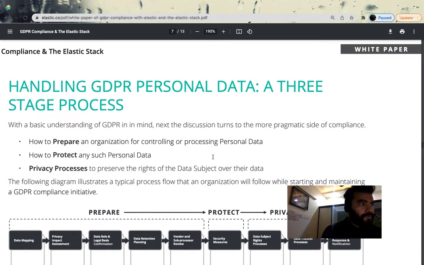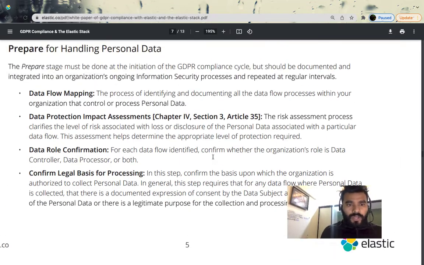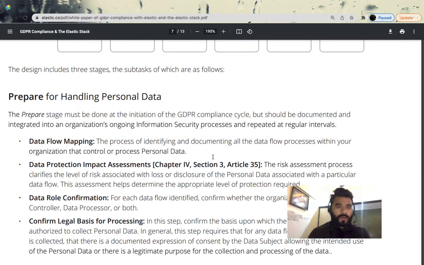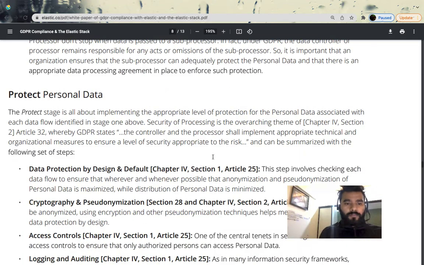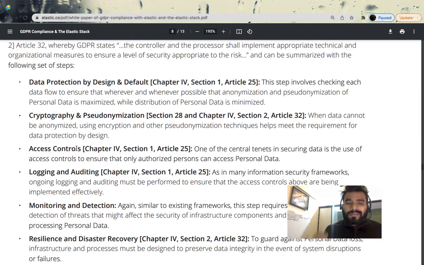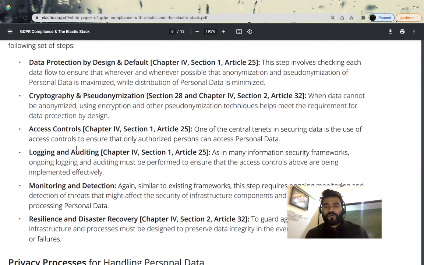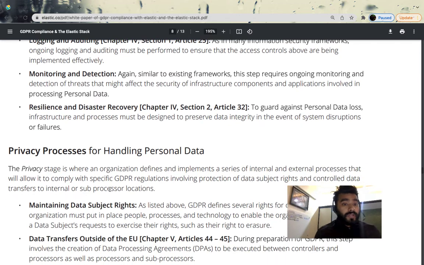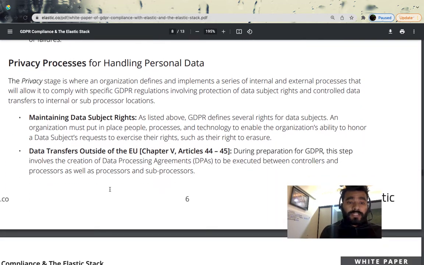All right, so how should companies protect our data? They should have minimalistic control over our data. They should have the majority of the compliance in terms of data protection, cryptography protection, access control, logging of whatever is happening, monitoring and detection, resilience, and data recovery as well.